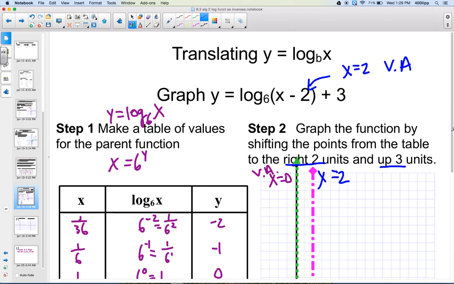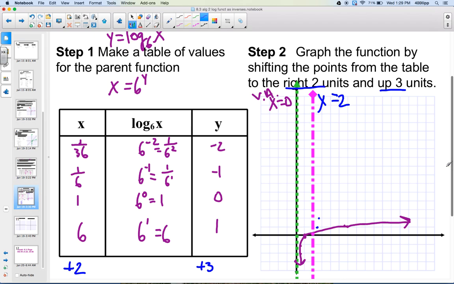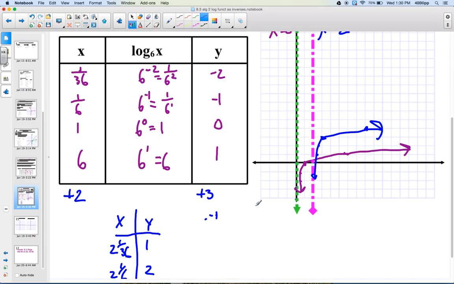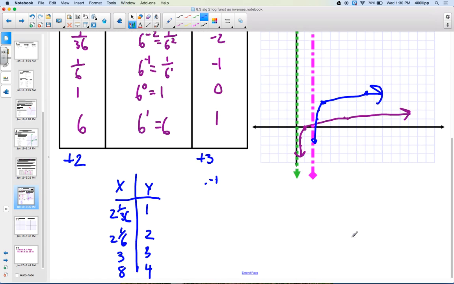So 3, 3, and 8, 4. Okay, and then we can sketch the graph of that. Something like that. And that is how we graph logarithmic functions. Thanks for listening.